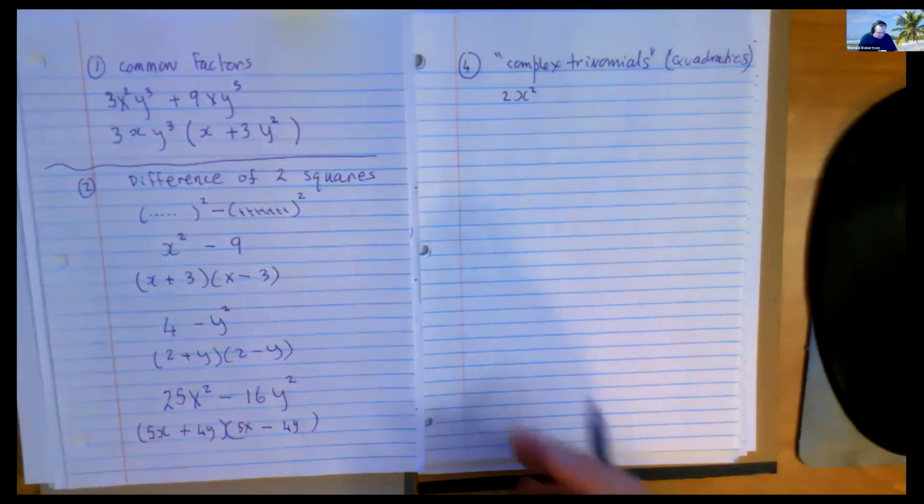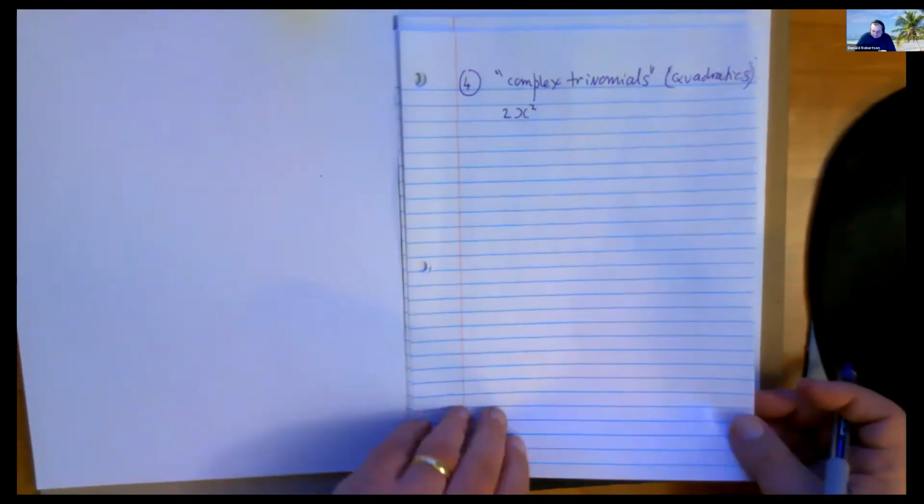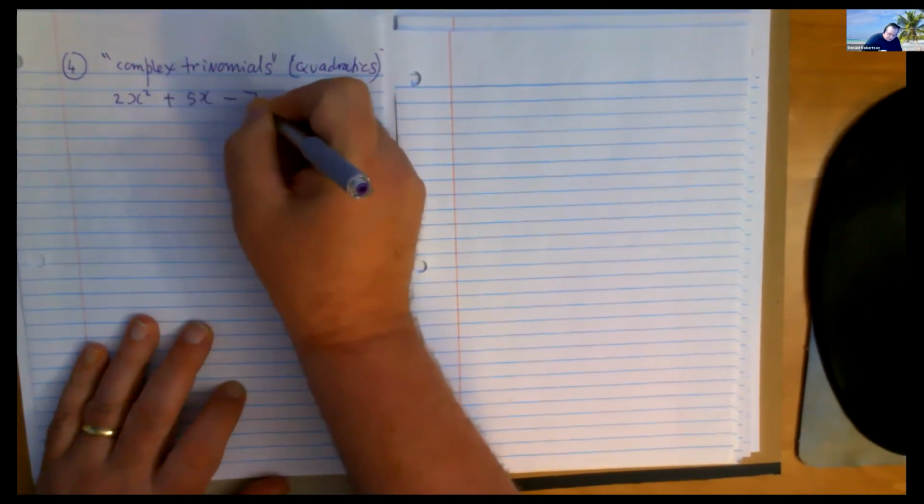And that changes the rules a lot. You would think, if I can do simple, I'll be able to do the complex ones. How hard can that be? It is quite hard. So, here's an example of one. Try and slow down the process.